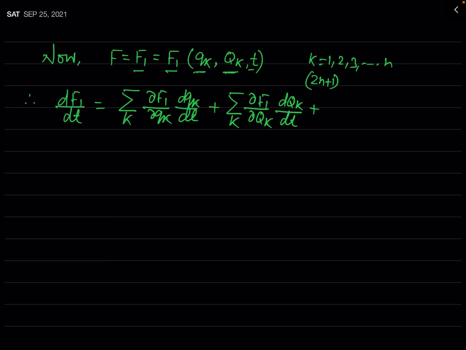And since t has only one value, there will be no sign of summation here, so you can write this as del f1 by del t times dt by dt.